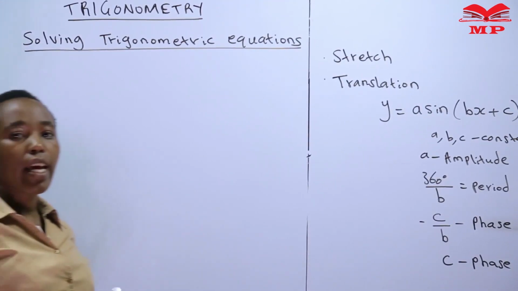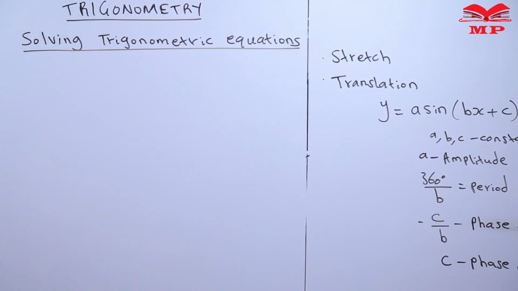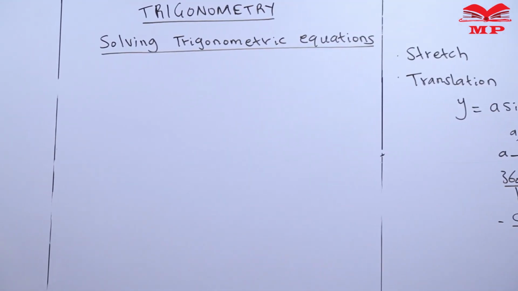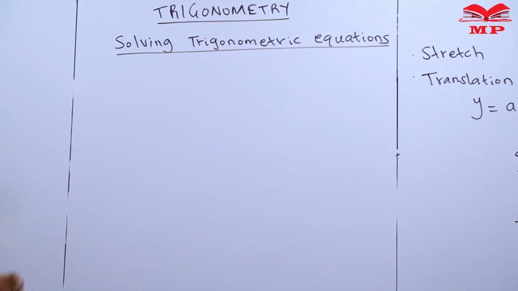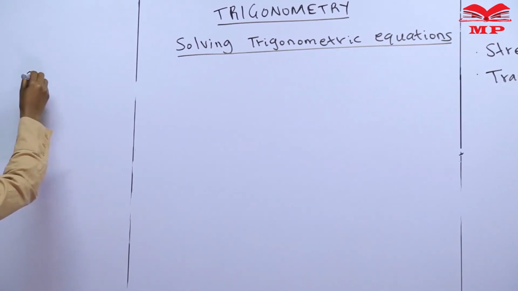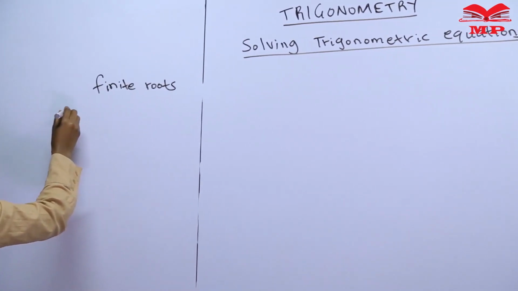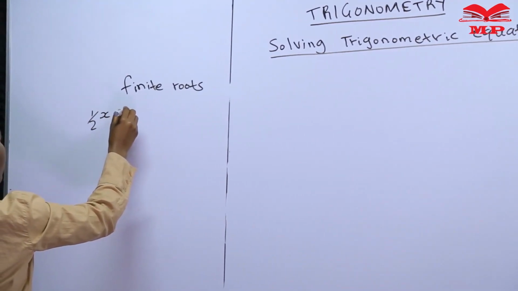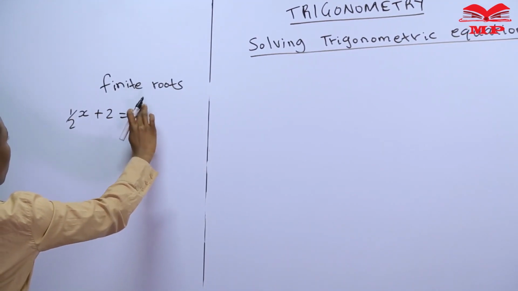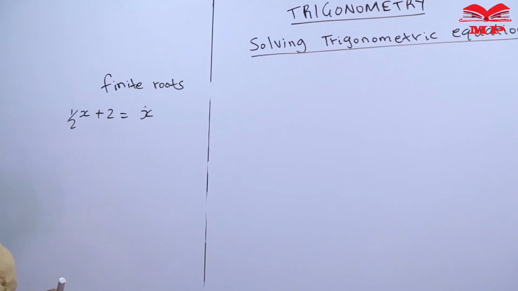In the previous lessons, especially on a topic like algebra, we realize that when we want to solve an algebraic equation, we get one answer. That is, the answer is finite. We have finite roots. For example, when you are solving x plus 2 is equal to, for example, a half x, this is an algebraic equation.